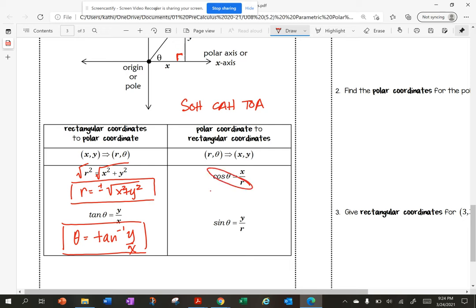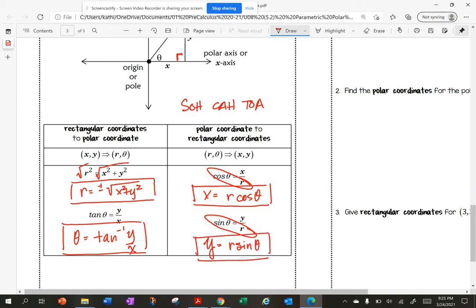So this is going to be x equals r times the cosine of theta. So I put r to the left of the trig word. And sine is opposite divided by the hypotenuse, which is y divided by r. So again, I'm just cross multiplying. So y equals r times the sine of theta. So I'm just using my standard trig.